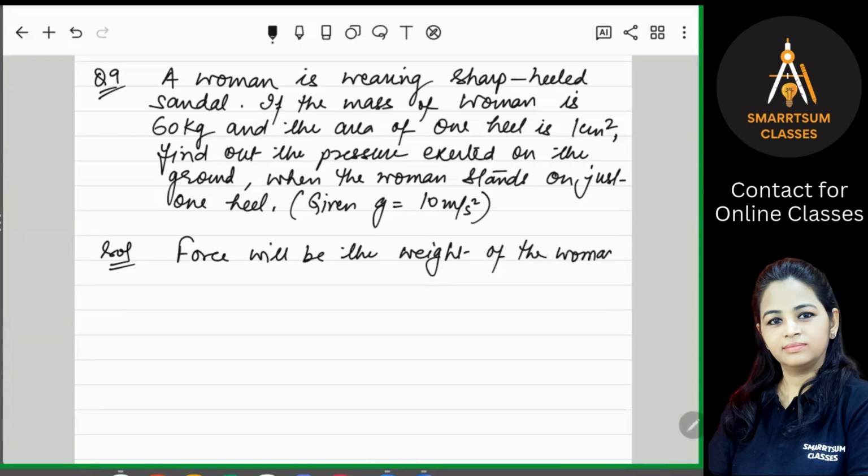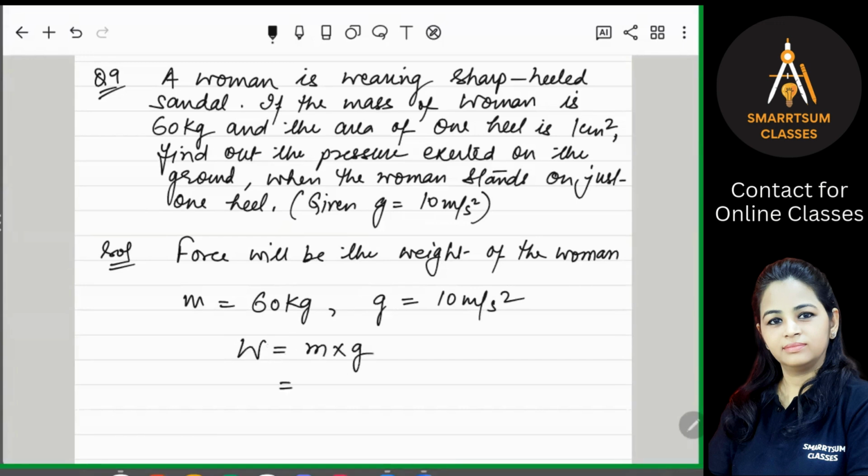So first we will find out the weight. What is the mass m given here? Mass of the woman is 60 kg, and g is given here as 10 meter per second square, the acceleration due to gravity. Now we know that force, which is weight here, is equal to m into g.